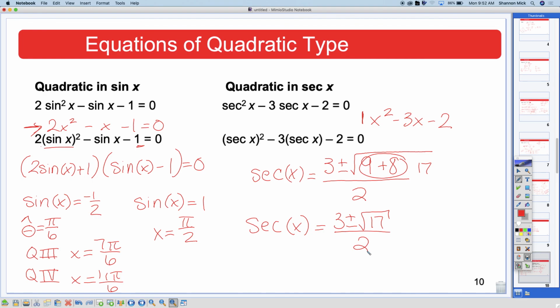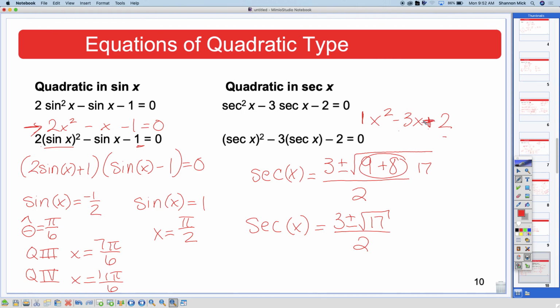And you would put that in your calculator as 1 over the inverse cosine of that, yes? But we're not worrying about that. How did you know to use that formula? Because I couldn't factor, because the factors of 2 do not have a difference of 3. If it was plus, could I have factored this, guys? Yes.